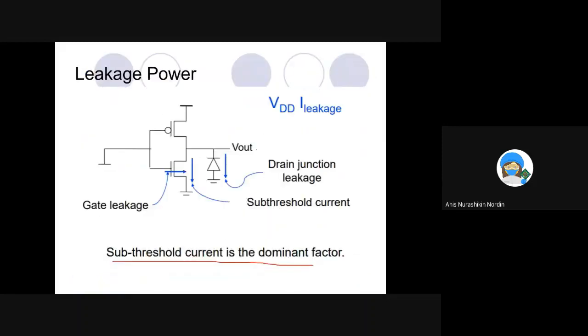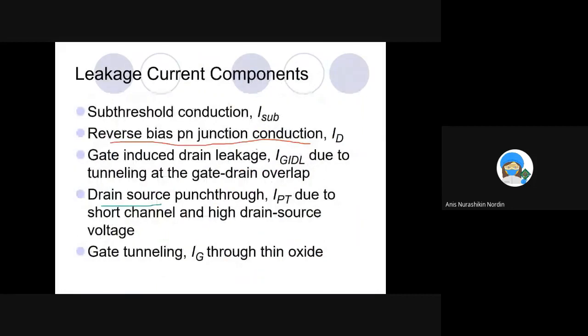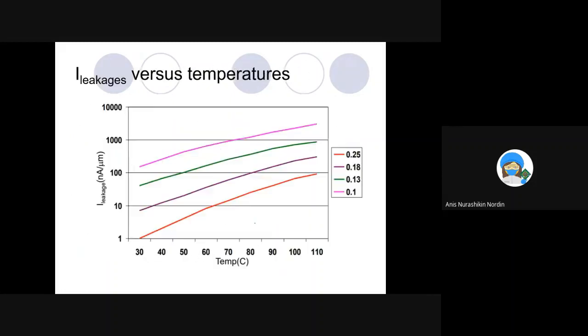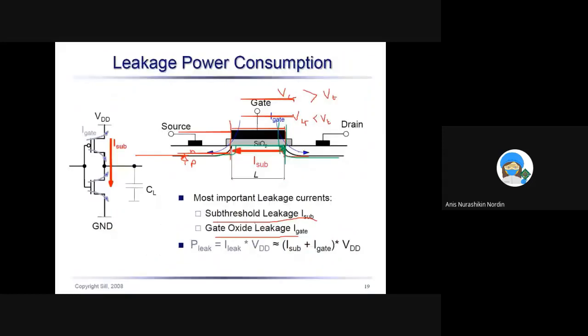This is known as the drain-source punch through current, and also the high drain-source voltage. When you apply a voltage, you remember there is one voltage known as VGS here, and one voltage known as VDS over here, between the drain and the source.